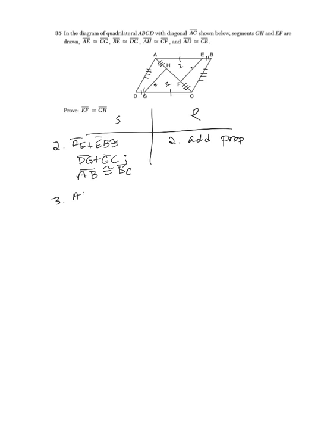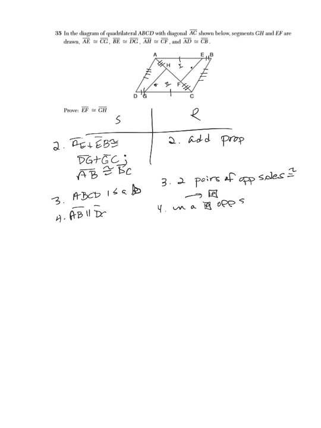We said ABCD is a parallelogram, and that's because two pairs of opposite sides are congruent. Then you have a parallelogram. So then we said that AB was parallel to DC, and that's because in a parallelogram, opposite sides are parallel.